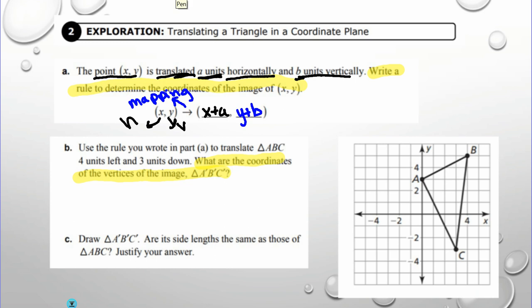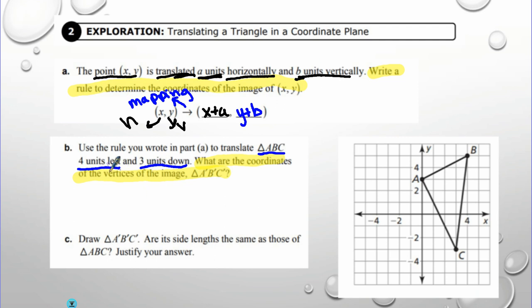What are the coordinates of the vertices of the image triangle A prime, B prime, C prime? So it wants me to tell them the vertices of this triangle after it's been translated.